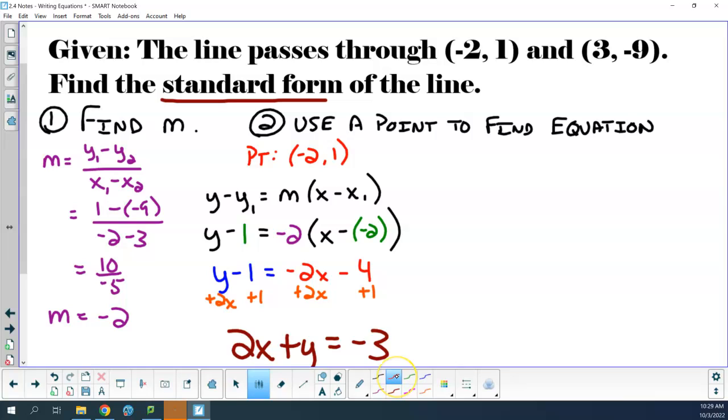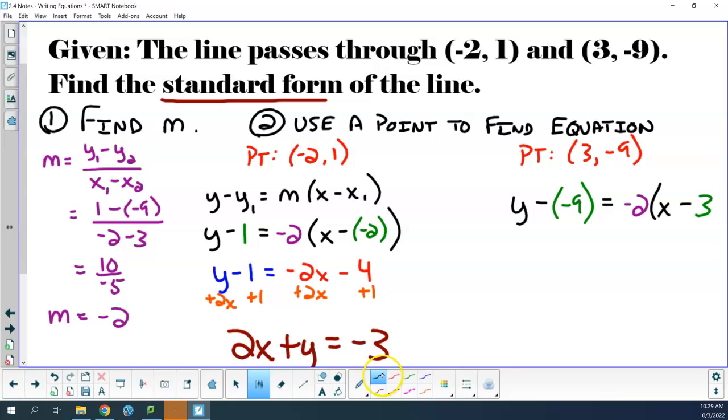So quickly doing that, if I use the point (3, -9), then it's going to be y minus -9 equals -2 times the quantity x minus 3. y plus 9 equals -2x plus 6.